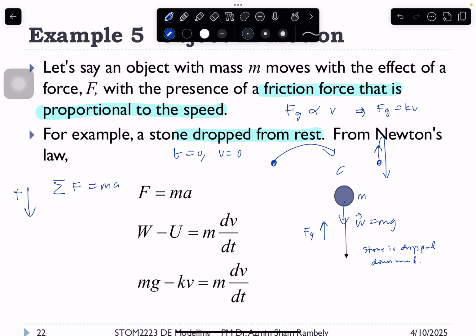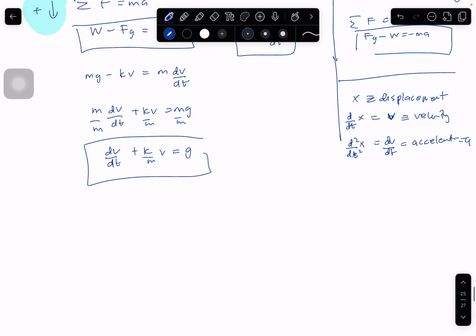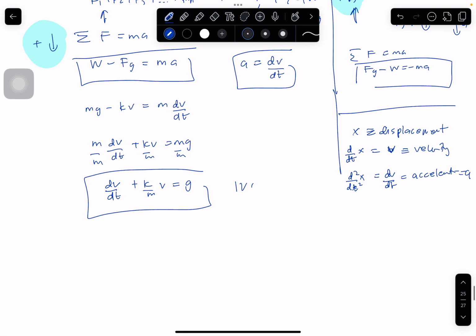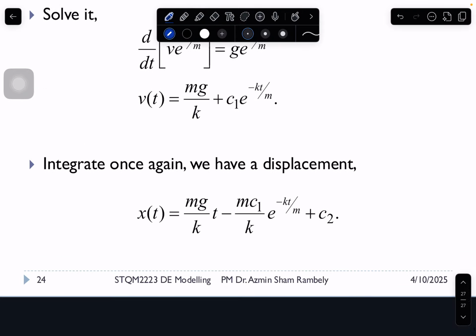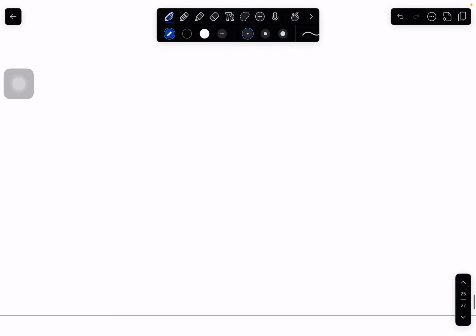There's no velocity, because it doesn't move yet. So put your IVP here: when t is equals to 0, v equals to 0. So you should be able to solve this. Alright, I think that's it. So, thank you.